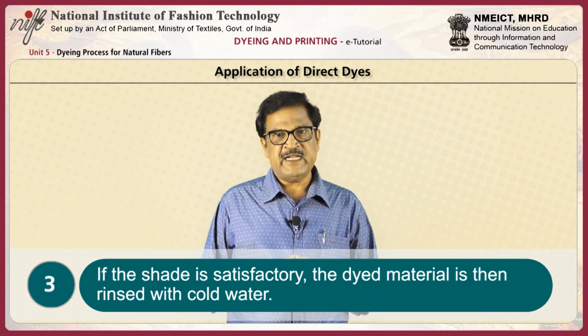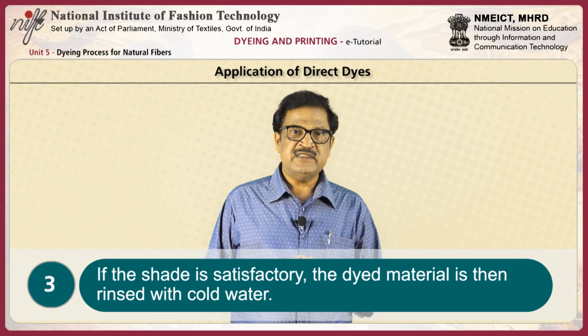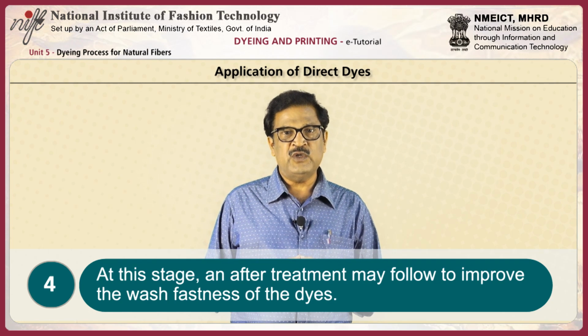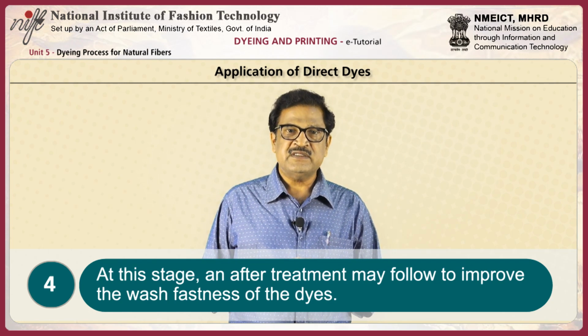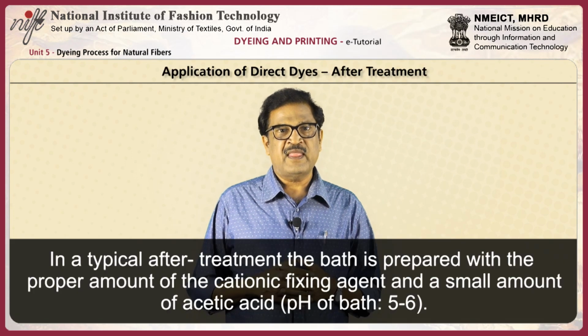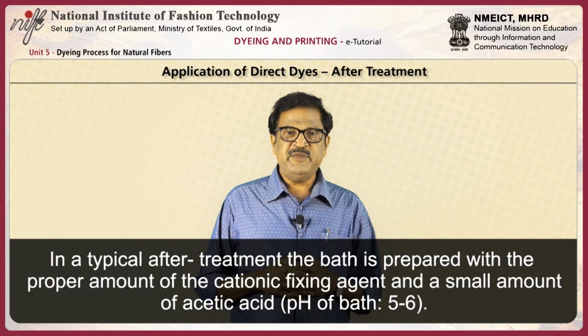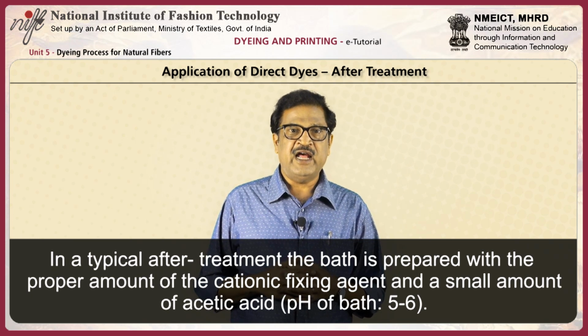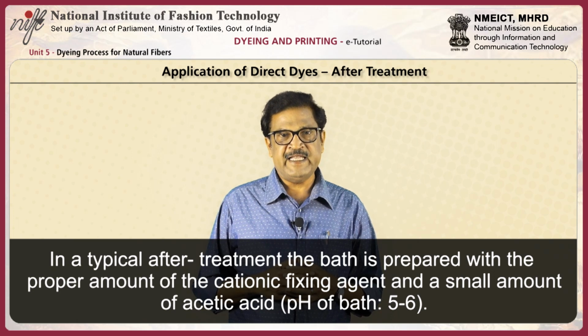If the shade is satisfactory, the dyed material is then rinsed with cold water. At this stage, an after-treatment may be followed to improve the wash fastness of the direct dyes. After-treatment. In a typical after-treatment, the bath is prepared with the proper amount of cationic fixing agent and a small amount of acetic acid.